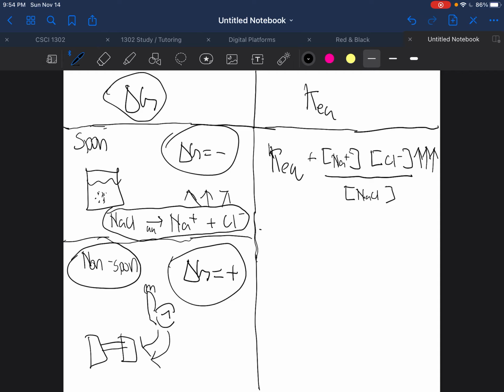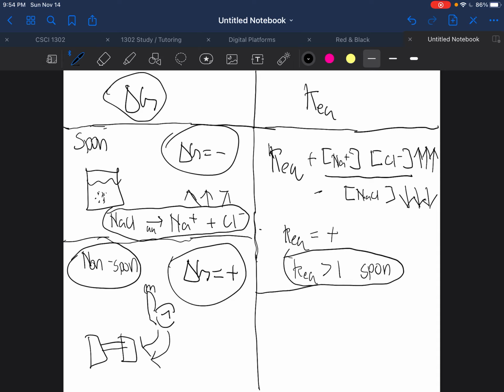So this top number will be really large, while this bottom number will be really, really tiny. Since the top number in the fraction is large and the bottom number is tiny, KEQ will be really large, so large that it will be greater than 1 in a spontaneous reaction.